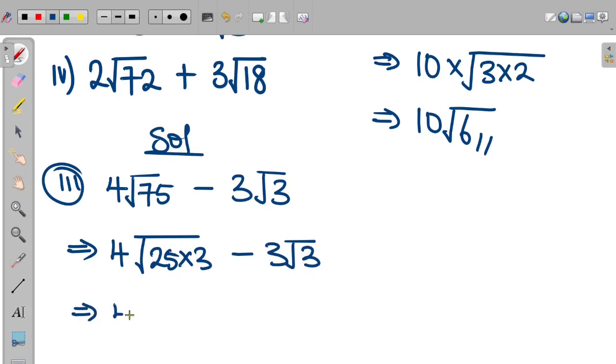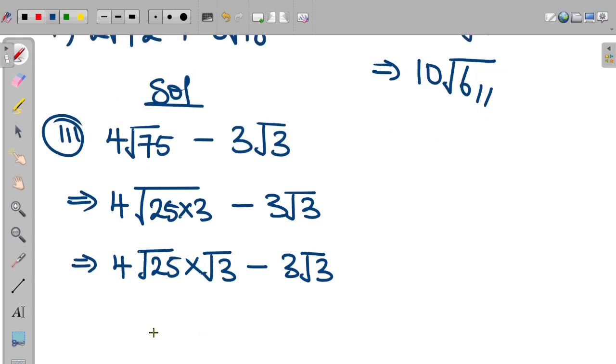Therefore, we have 4 multiplied by root 25 multiplied by root 3, minus 3 root 3. Now 25 is a perfect square, so root of 25 is 5.